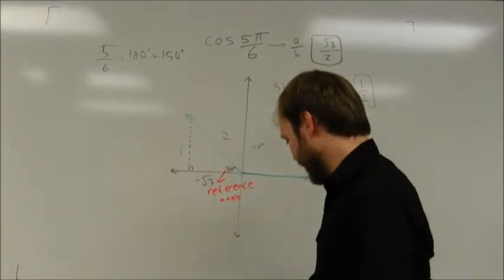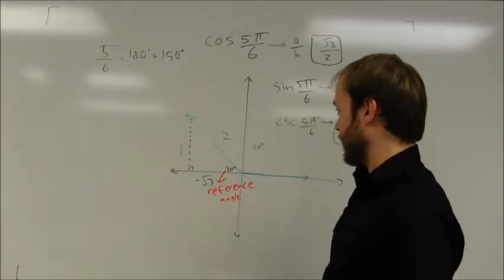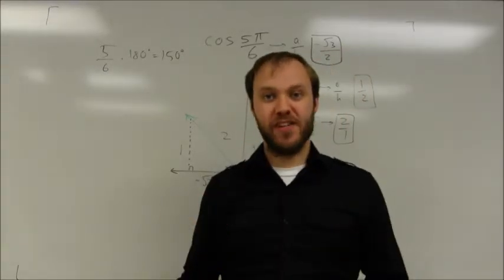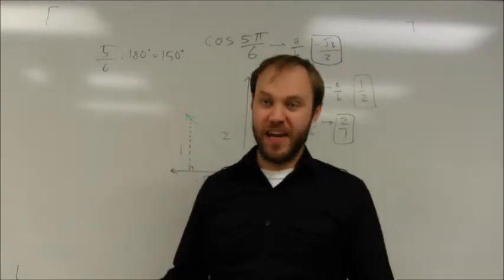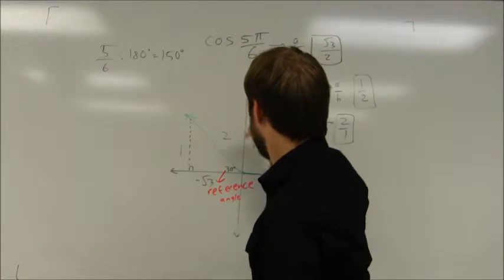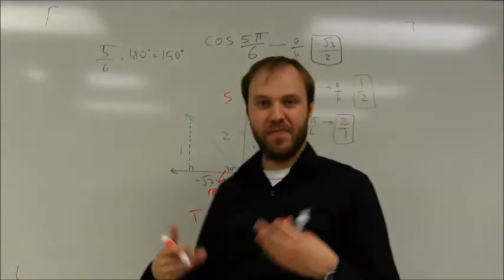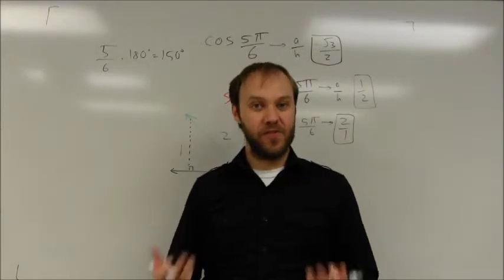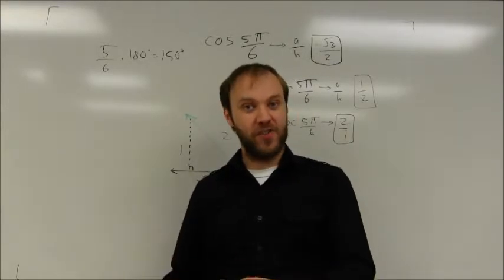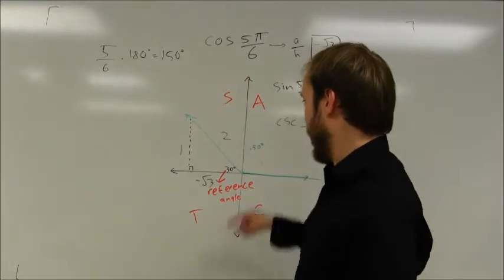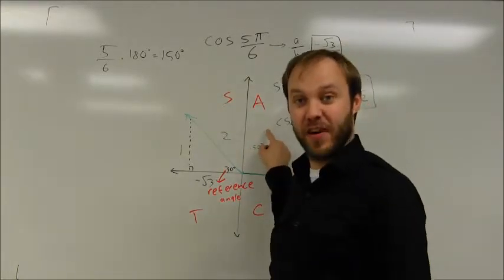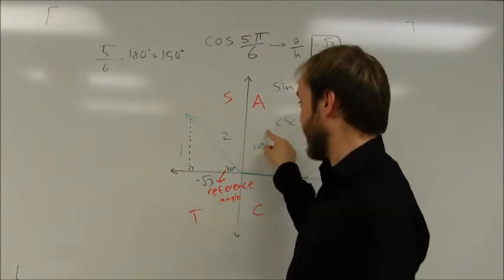Okay. By the way, a little reminder that you may see in some places. Many teachers use the little abbreviation, all students take calculus, or some variation on that, to help students remember which functions are positive in which quadrant. All 6 trig functions are going to be positive in the first quadrant.